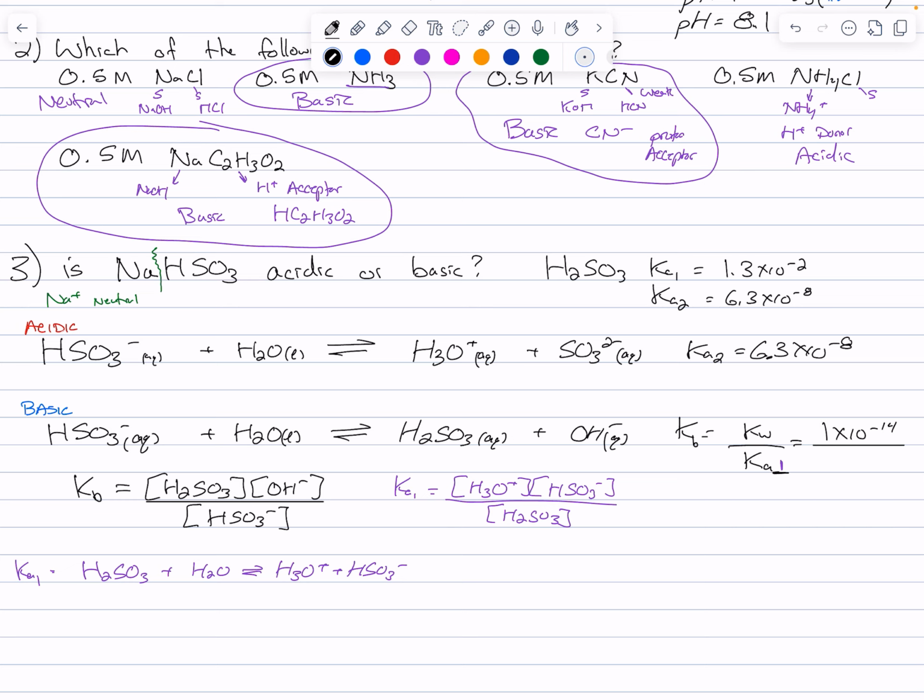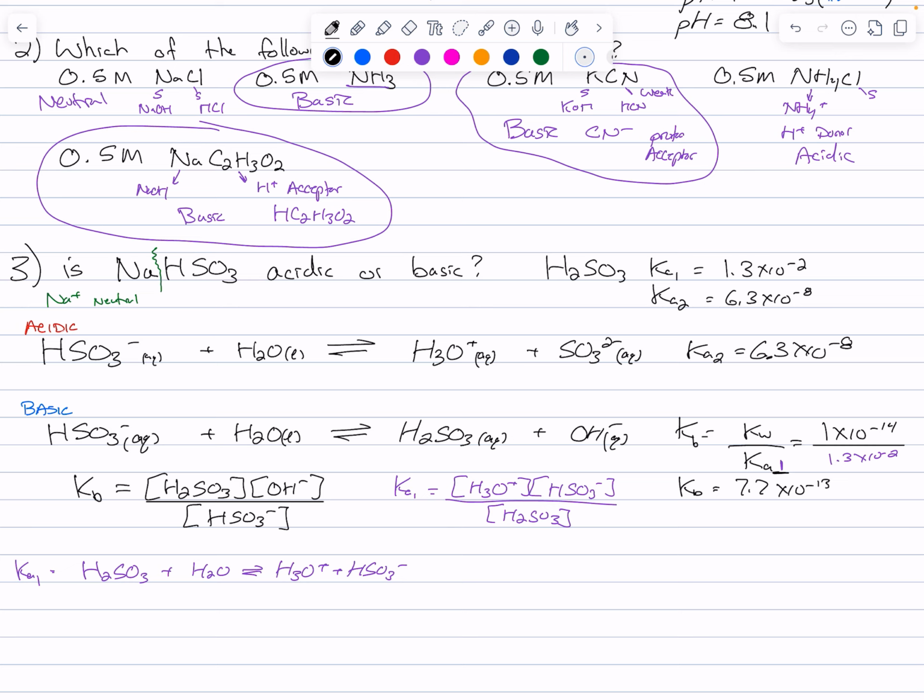If I use Ka1, this cancels, this cancels, and I'm left with those two, which is what we want. All right, so Ka1's value was 1.3 times 10 to the minus 2. So this Kb would be 1 times 10 to the negative 14 divided by 1.3 times 10 to the negative 2. I got 7.7 times 10 to the negative 13.